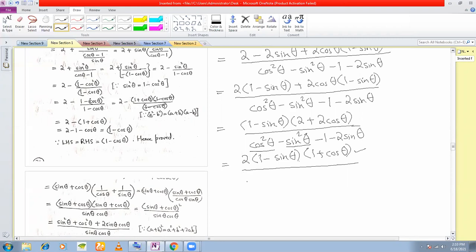Okay, so what you do here is you convert this cos to a sine. So you write this as 1 minus sine square theta minus sine square theta minus 1 minus 2 sine theta, right?